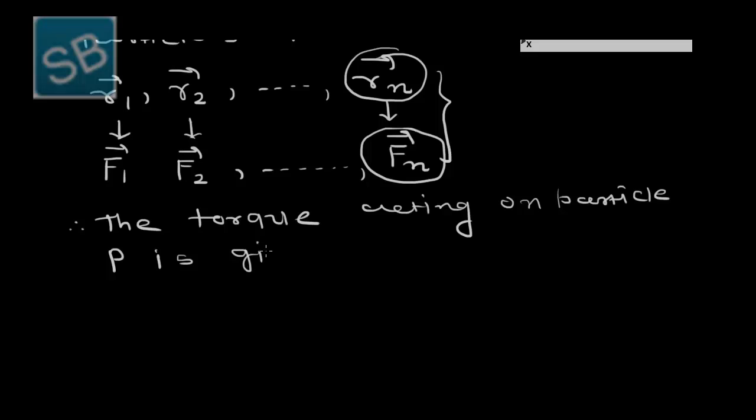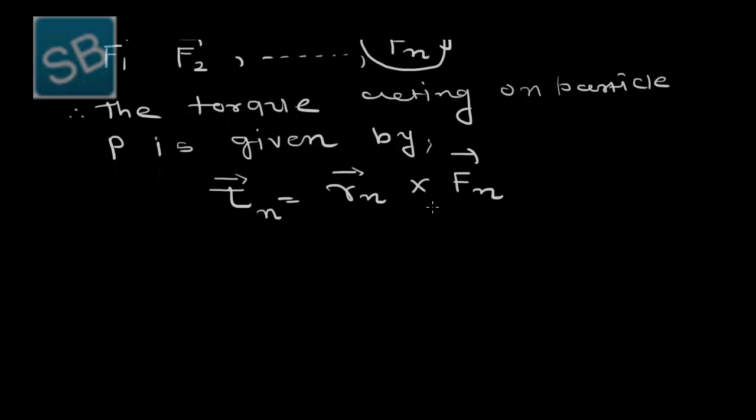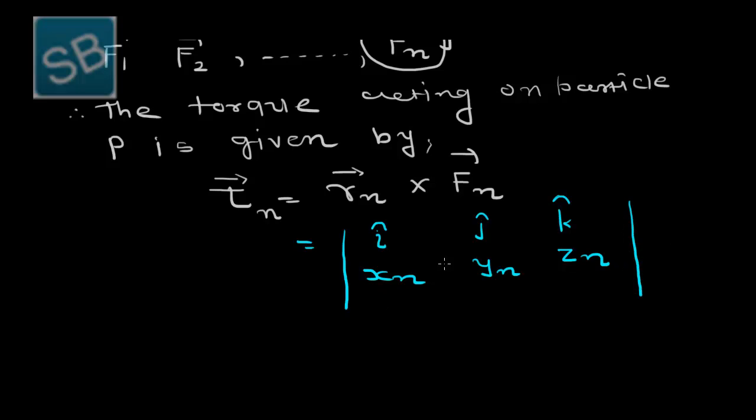It is given by tau vector, with subscript n because this is for the nth particle, equals Rn vector cross Fn vector, and we know that this vector product in terms of the determinant is given by i cap, j cap, k cap, then xn, yn, zn, which are the components of Rn, and here we will see the components of Fn.